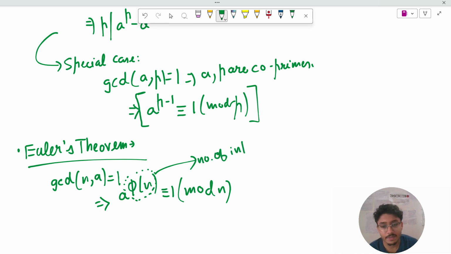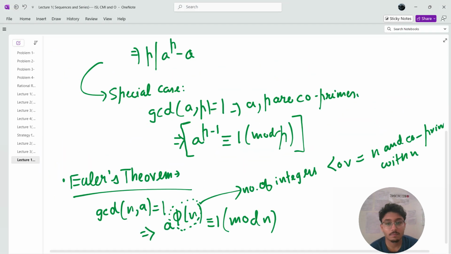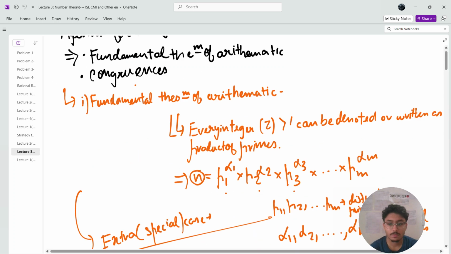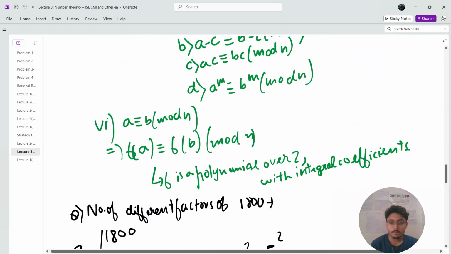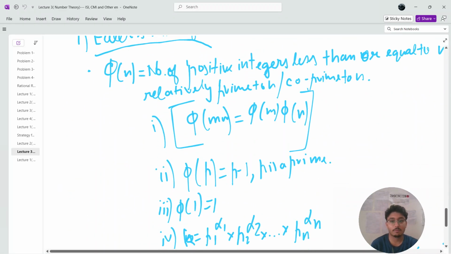Total number of integers less than or equal to n and co-prime with n. This is my Euler's function: number of positive integers less than or equal to n relatively prime to n, that is co-prime to n.